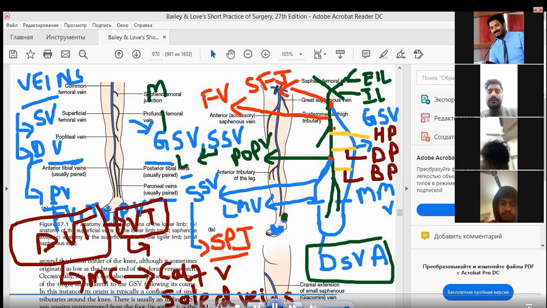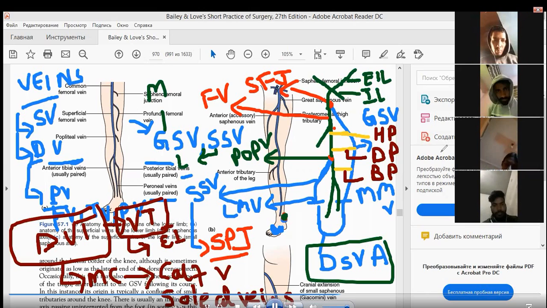Number one, endothelial injury. Number two, stasis, where blood flow is not normal. And number three is hypercoagulable state.